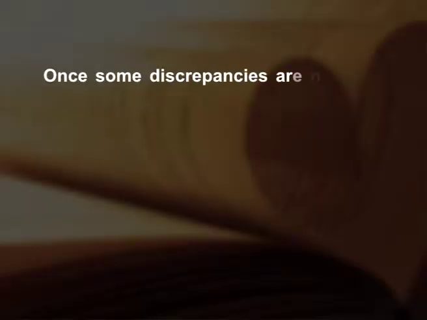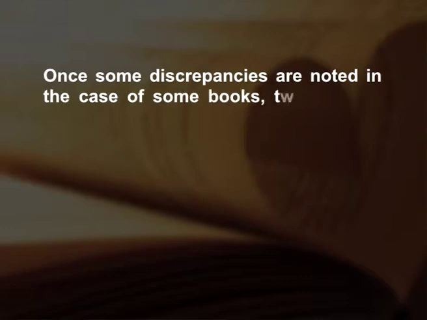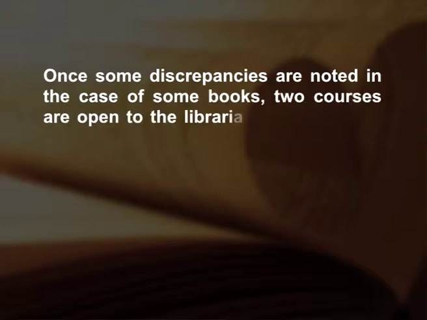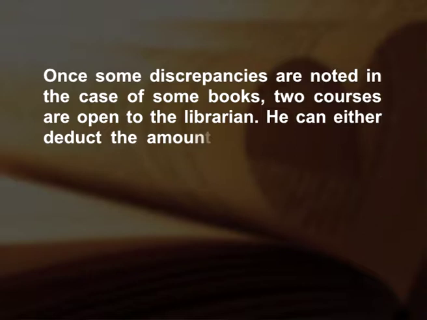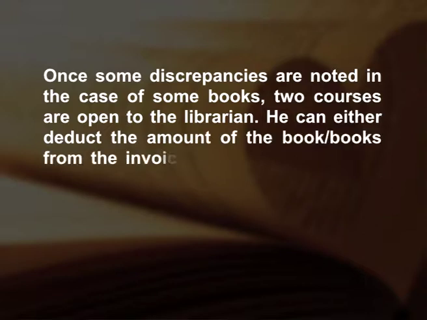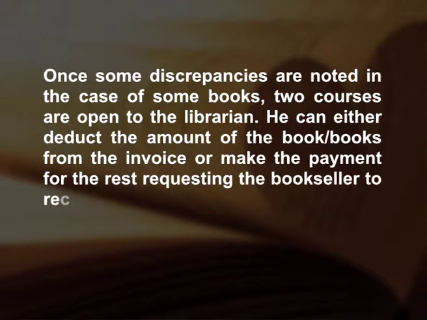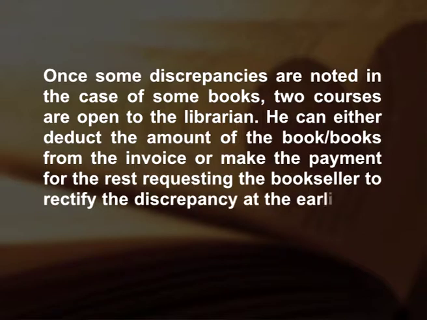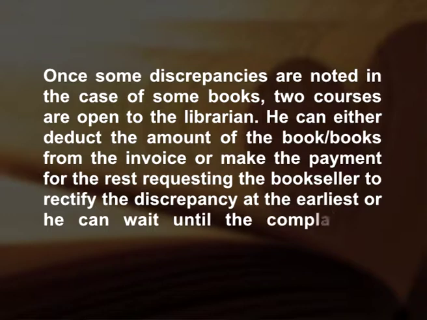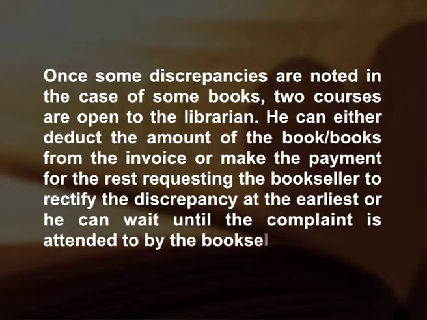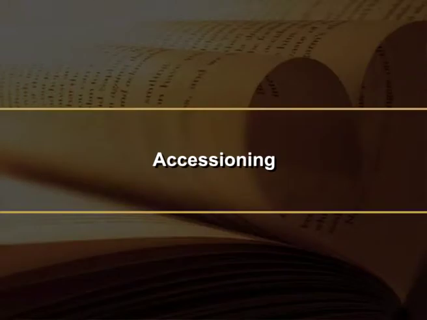Once some discrepancies are noted in the case of some books, two courses are open to the librarian. He can either deduct the amount of the book or books from the invoice or make the payment for the rest, requesting the booksellers to rectify the discrepancy at the earliest, or he can wait until the complaint is attended to by the bookseller. Accessioning.